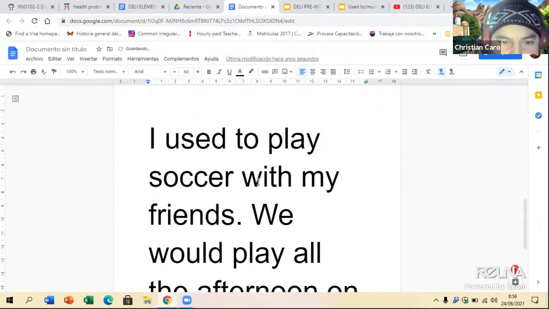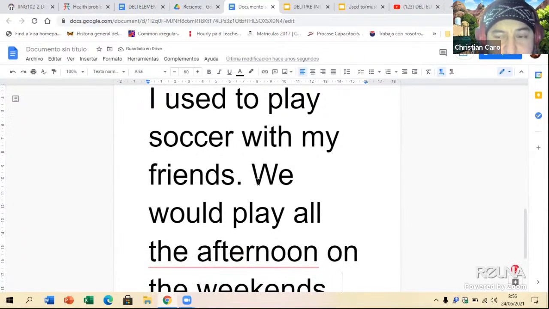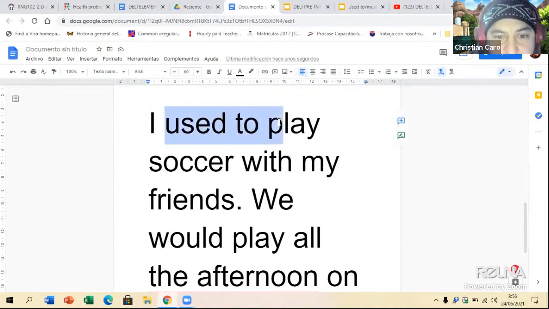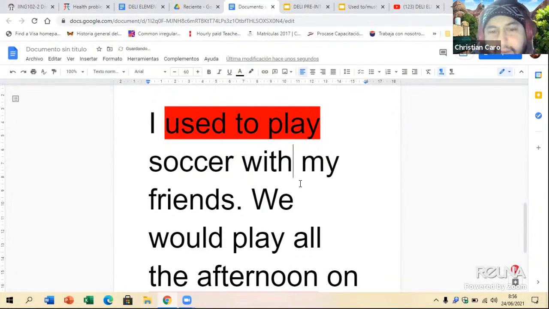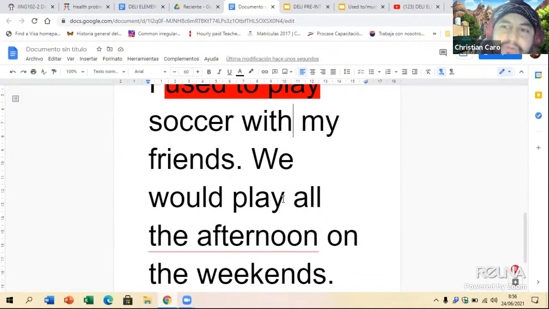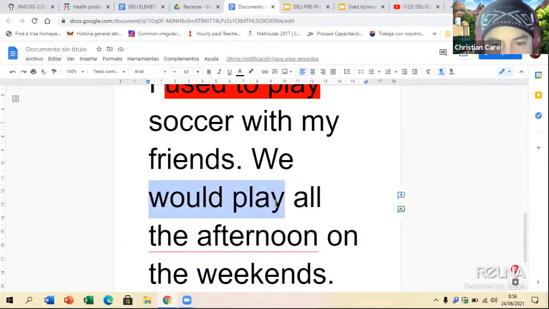Okay, so you can see here, you're telling a story basically. I used to play soccer with my friends. There you go. So this is a structure which should be highlighted: used to play, right? Yo solía jugar, ¿cierto? But when you want to continue the story without repeating used to, you can use would play.